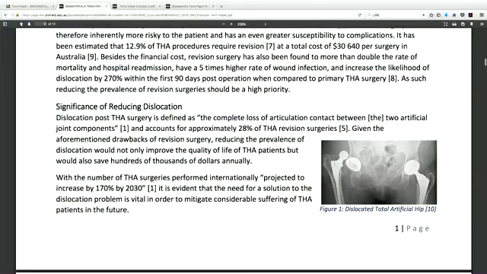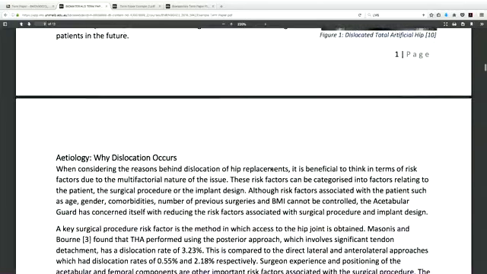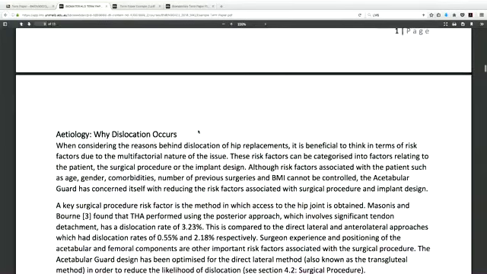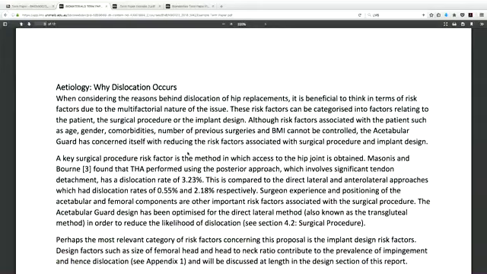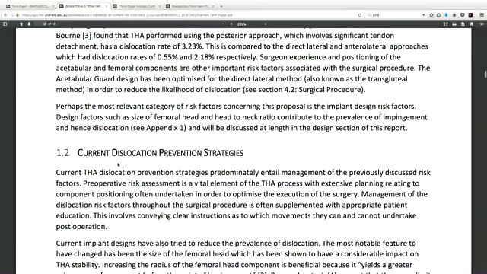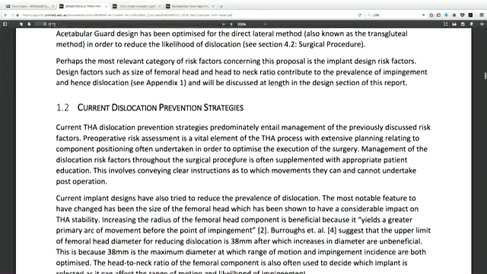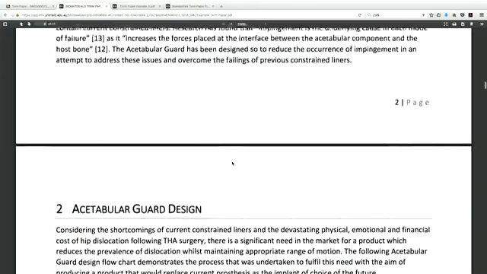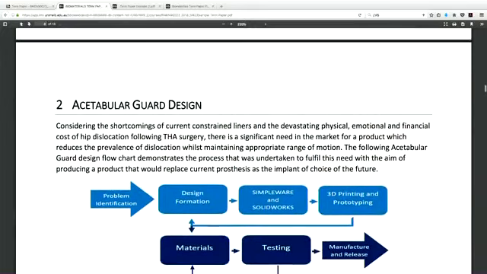Then they identify the problems, why dislocation occurs. When I read this, I can follow very easily and understand what they are trying to solve. And then the current dislocation prevention strategy, so how do you prevent dislocation, and then their guard design.